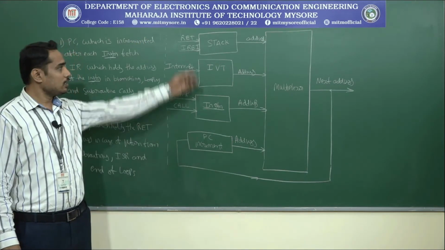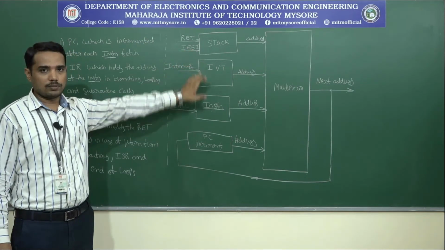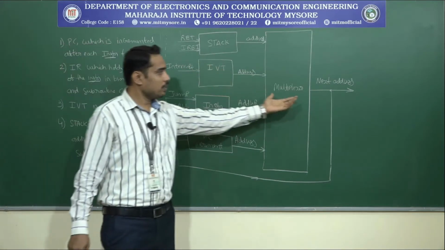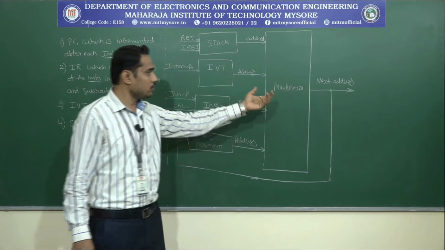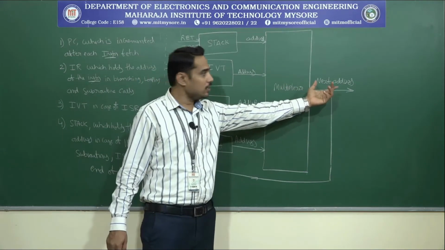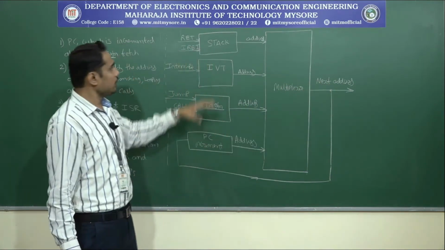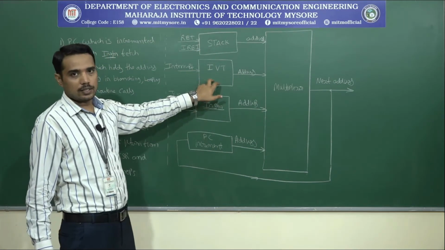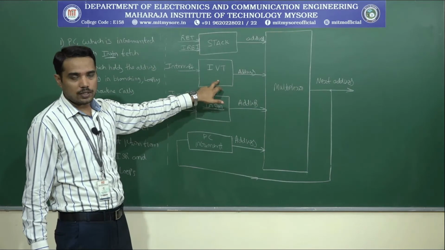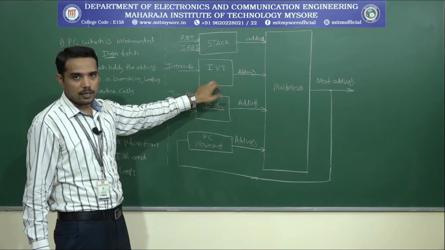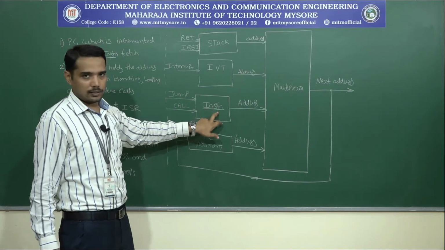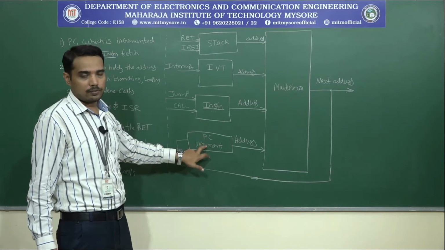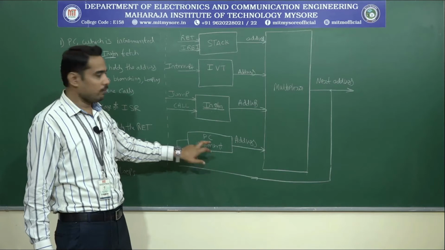Now we can see the block diagram of the program sequencer. Here in this block diagram we can see a mux, the multiplexer, which is going to give the output as next address with the inputs as the stack, IVT, that is the interrupt vector table that is associated with handling the interrupts, and instructions, the general instructions, and PC increment with respect to the program counter.